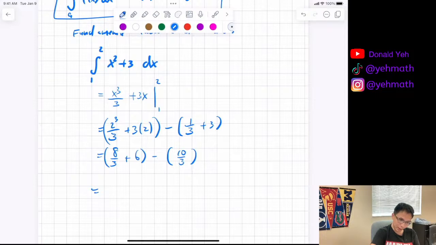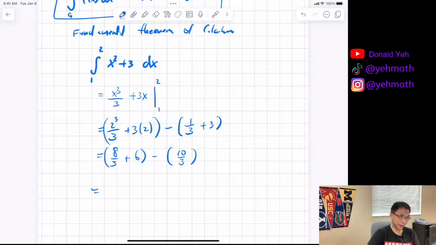Okay, yeah, it's fine. So that is equal to 8 over 3 plus 6. 8 over 3 plus 6 is 18 over 3 plus 8 over 3, which is 26 over 3, minus 10 over 3. So that's equal to 16 over 3.